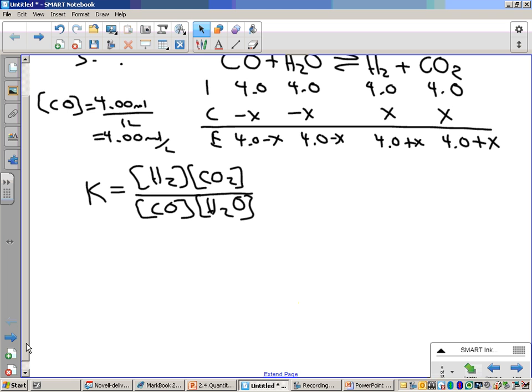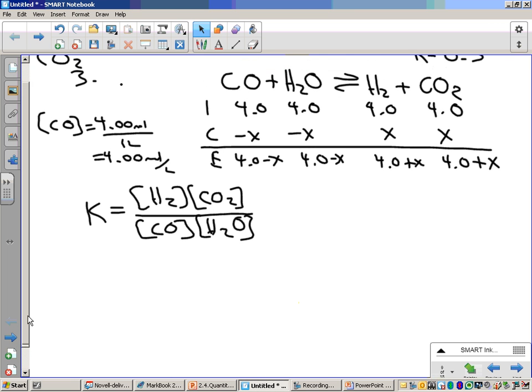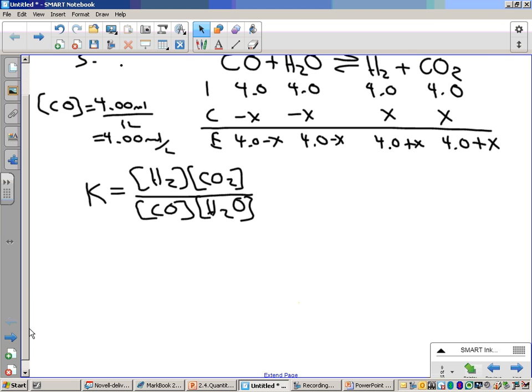We know that value, and I just moved that slide away. We know it's equal to 8.3, so I can say that 8.3 is equal to, and now I've got all these great E values with all kinds of X's in them. And now we're doing a lot of algebra.